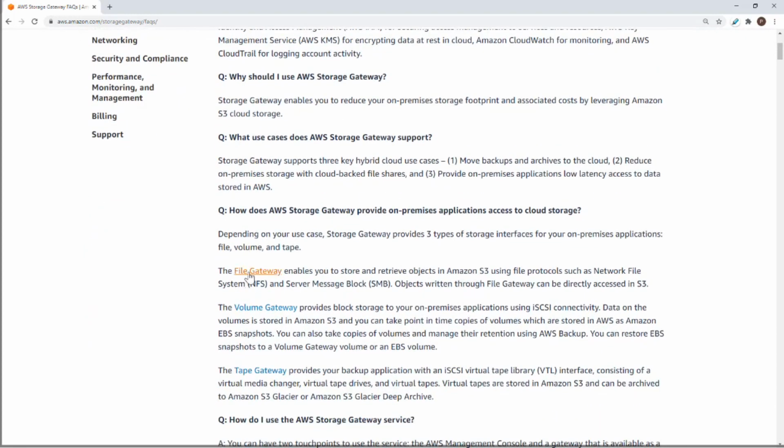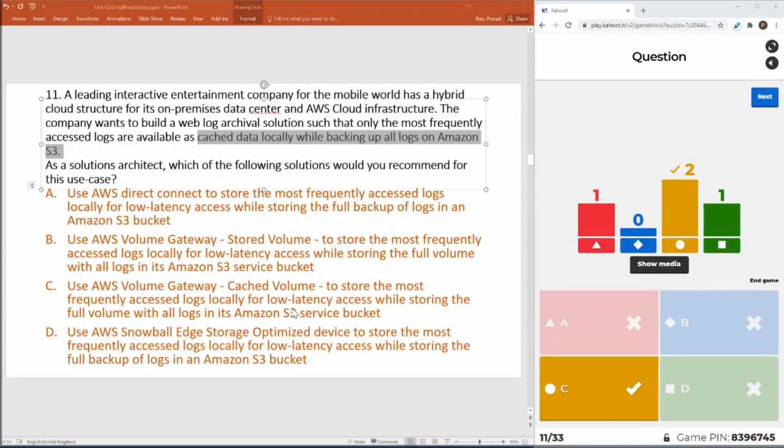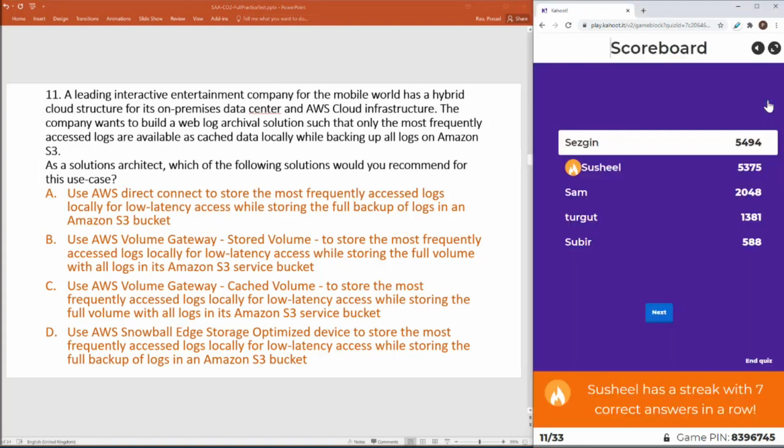And in volume gateway, there will be two types: cached volume and stored volume. So read through those, understand the differences between them, and which one should be used when. Let's move on to the next question.